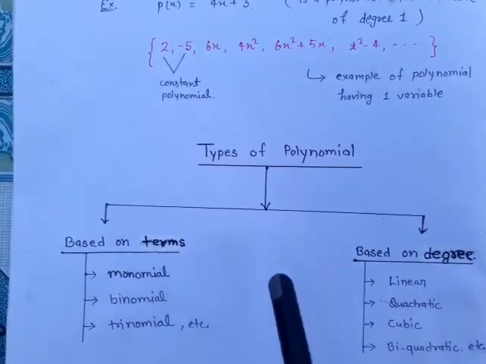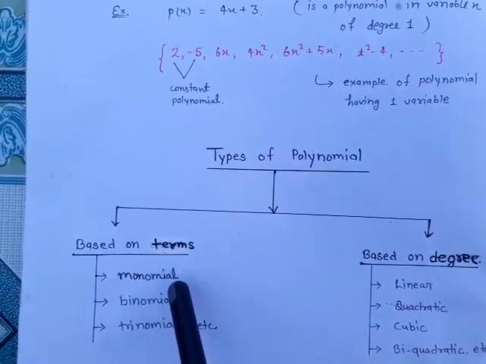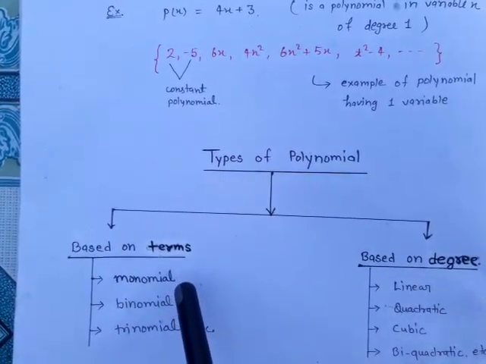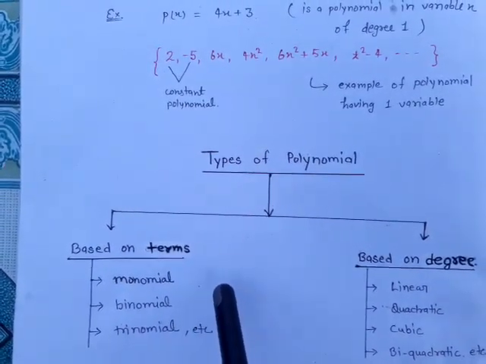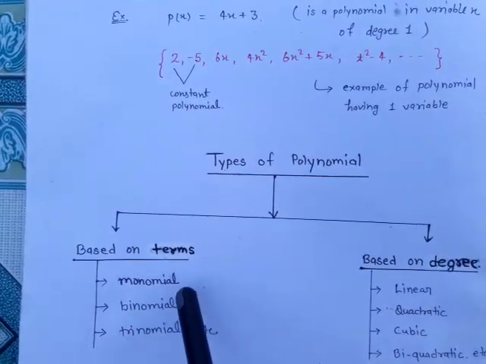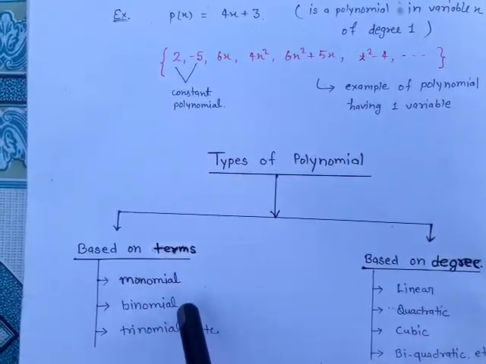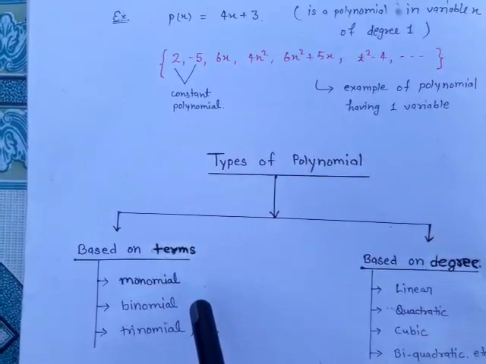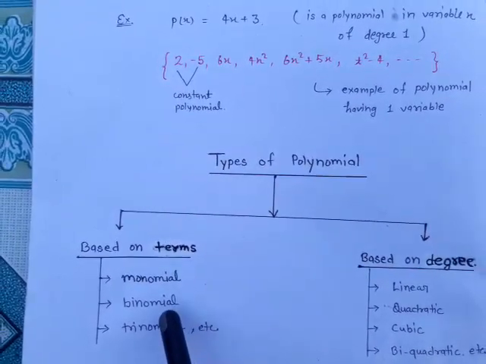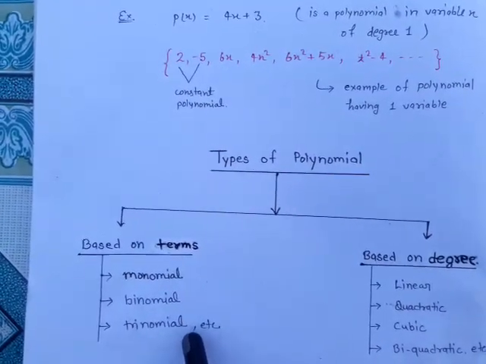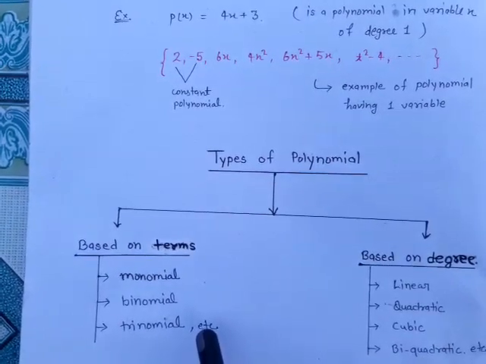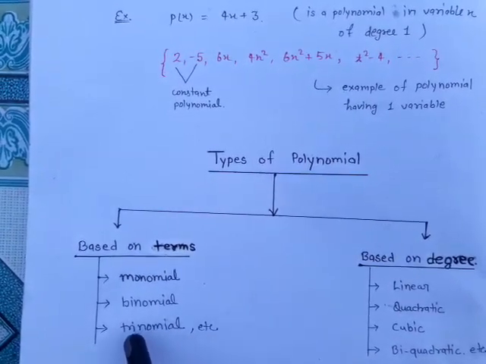These terms we studied in class 9th. A polynomial having one term only is said to be a monomial. An algebraic expression consisting of two unlike terms is said to be a binomial. A polynomial consisting of three unlike terms is said to be a trinomial.